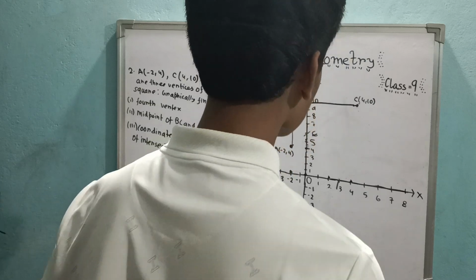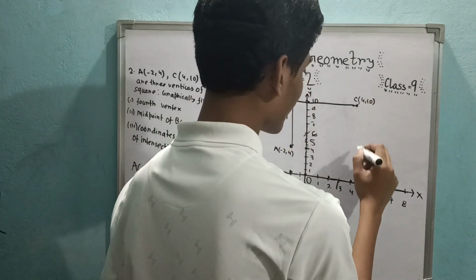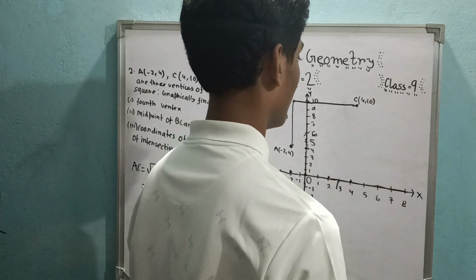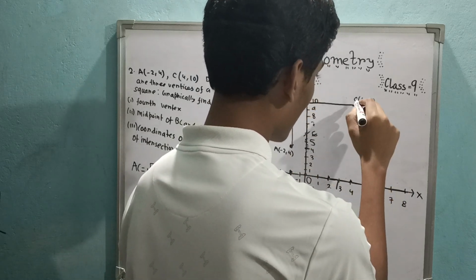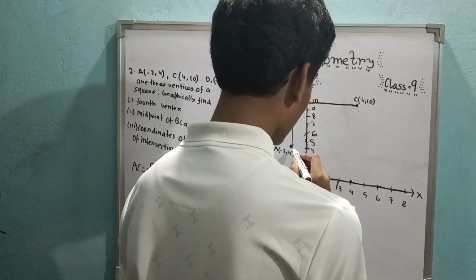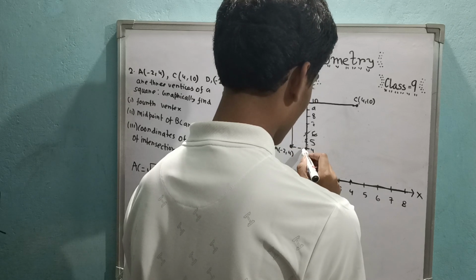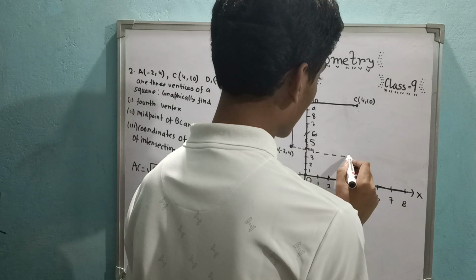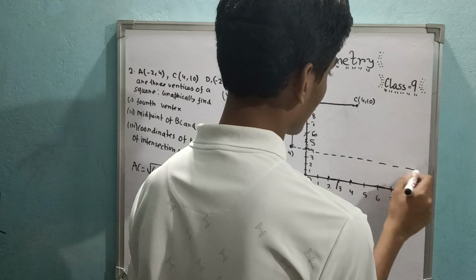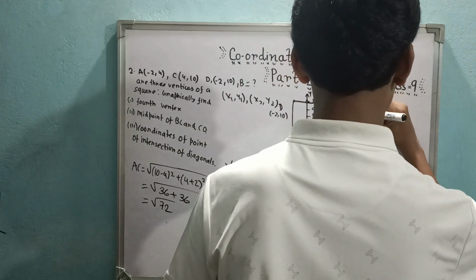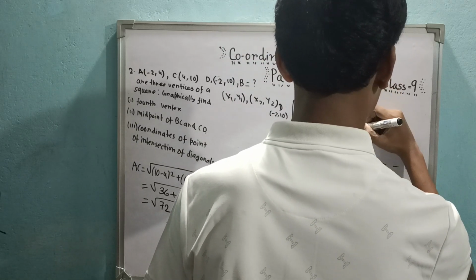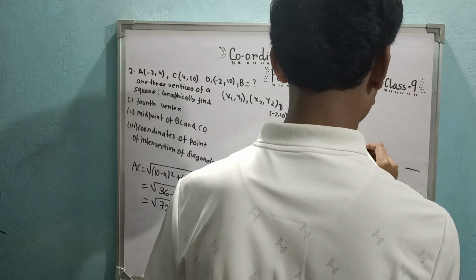What you can do is check the intersection of these 2 lines, one going along this side and the other coming along this side. Let's check where they intersect. Just see where they intersect.